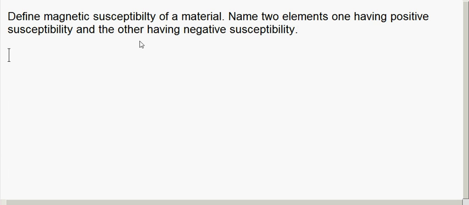Define magnetic susceptibility. Here I think one I is missing, you can correct it. Sorry for the spelling mistake. So susceptibility of a material. Name two elements, one having positive susceptibility and the other having negative susceptibility.